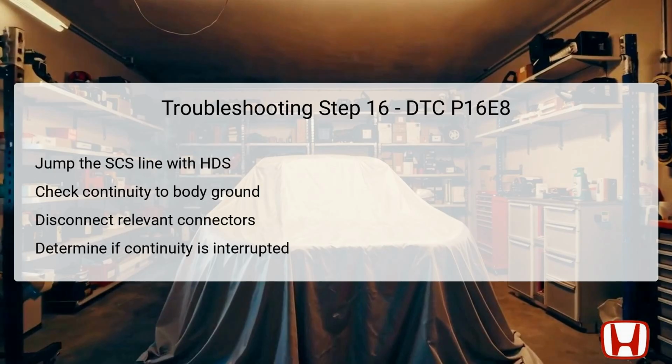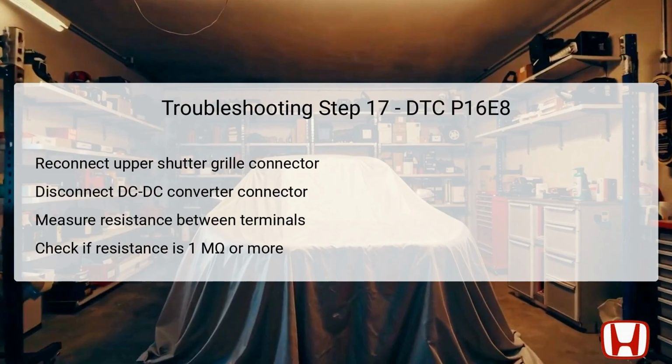If continuity remains intact across all disconnections, the technician must investigate for shorts within the LIN circuit leading to faults. Moving to step 17, the technician will reconnect the shutter grille's upper 4P connector to allow tighter inspection of connections. This is followed by disconnecting the DC-DC converter connector A, 3P, to evaluate the circuit's integrity in relation to the shutter grille. Resistance measurements should occur between terminal number 1 of the DC-DC connector and body ground.